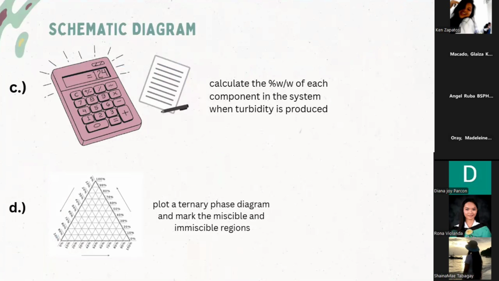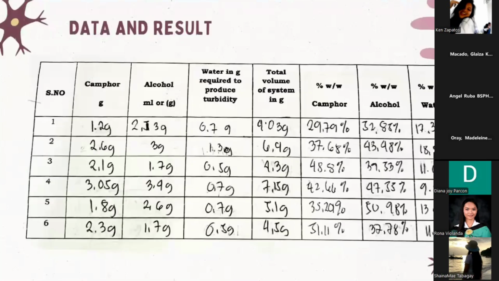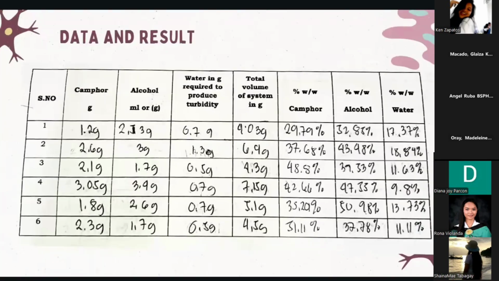For Procedure C, we calculate the percentage weight over weight of each component in the system when turbidity is produced. The last procedure is to plot a ternary phase diagram and mark the miscible and immiscible regions. For the data, we have the camphor, alcohol, and water.